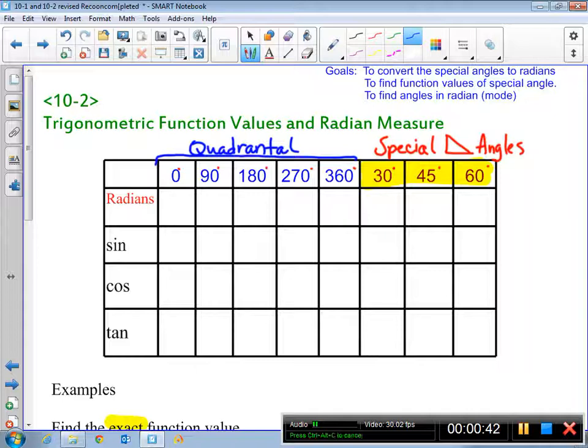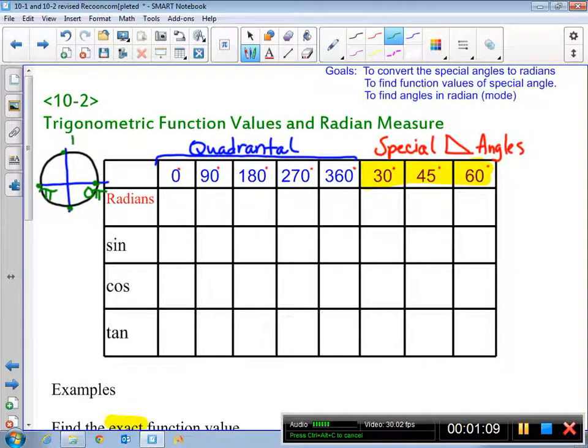So walking around the unit circle and looking at our special quadrantal angles and thinking in terms of pi. So this would be 0 degrees, it's 0 pi. Up here 90 degrees and 180 degrees and 270 degrees. We know 180 is pi radians.